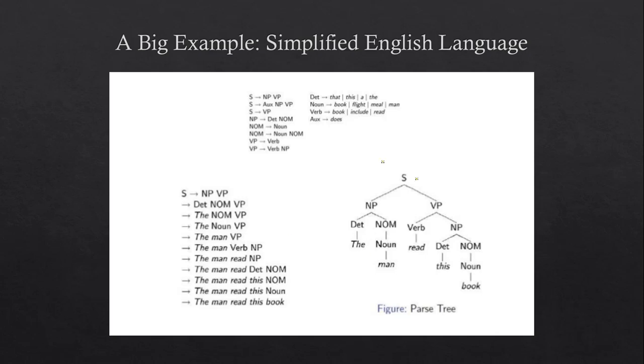If you go back to this example of a parse tree, this part of the tree has no idea what is happening in this part of the tree. So it does not know about the context it is in, which means this noun phrase is at the start of the sentence, but this noun phrase is at the end of the sentence. But they don't know that. They don't know the context they are in.